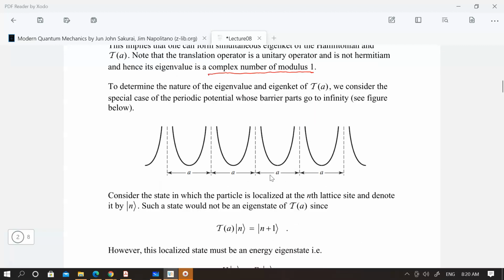Now, what would be the nature of the eigenkets of the translation operator? This is what we want to do.